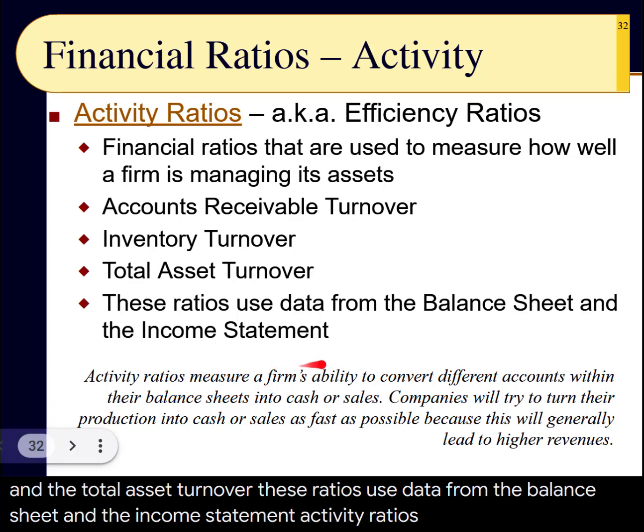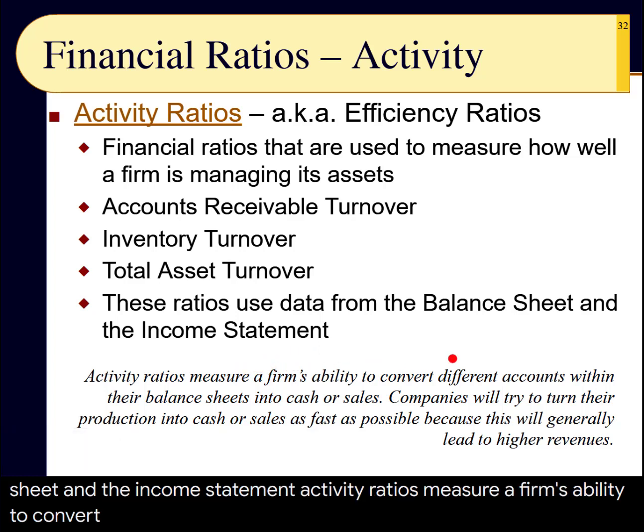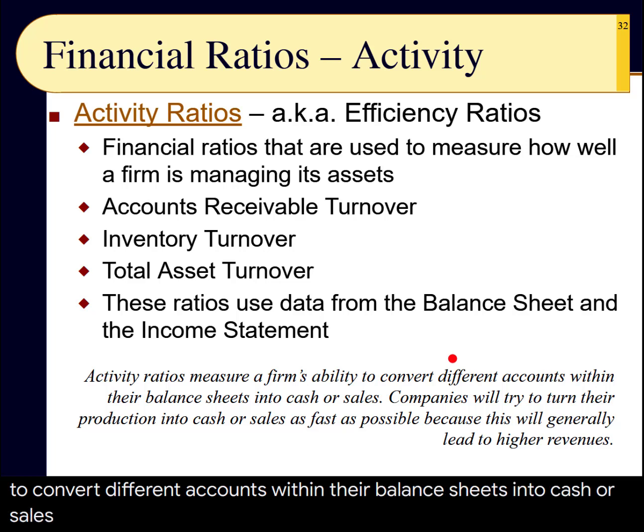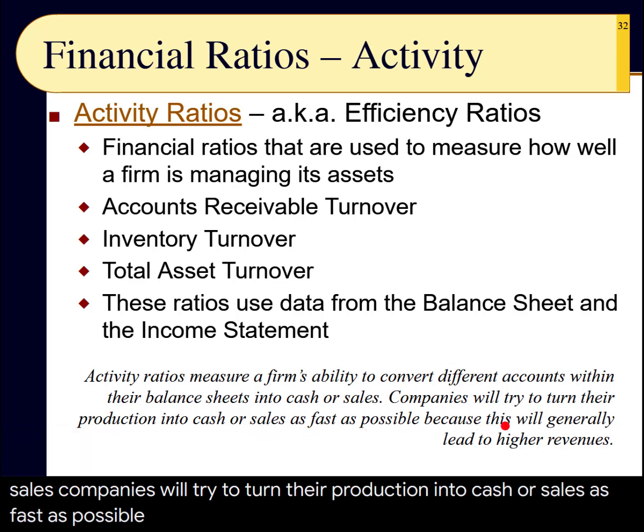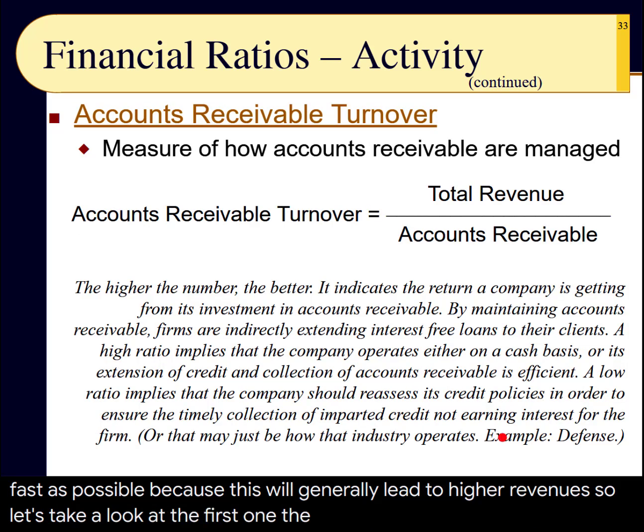Activity ratios measure a firm's ability to convert different accounts within their balance sheets into cash or sales. Companies will try to turn their production into cash or sales as fast as possible because this will generally lead to higher revenues. So let's take a look at the first one, the accounts receivable.